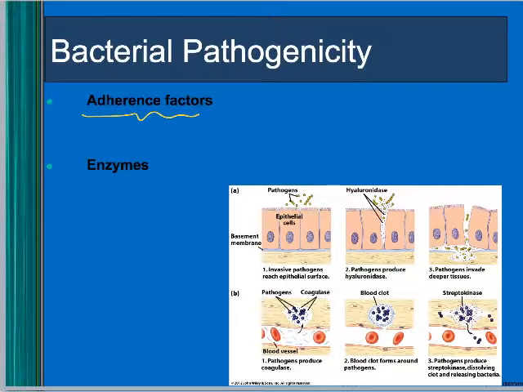One of them is hyaluronidase, which I know we talked about in maybe chapter 4 or 5. Hyaluronidase breaks apart connective tissue so that the pathogen can spread and get into deeper tissue. And then streptokinase dissolves blood clots.